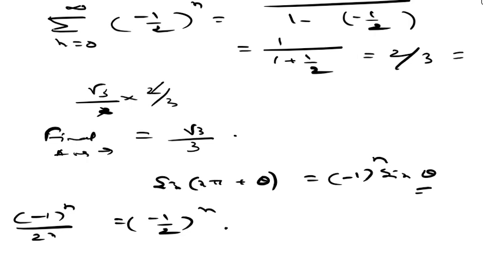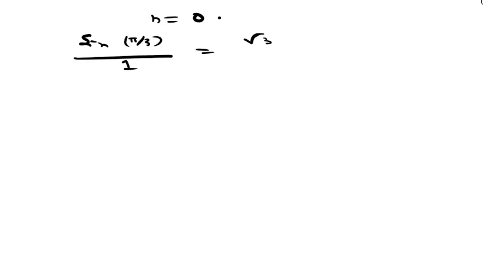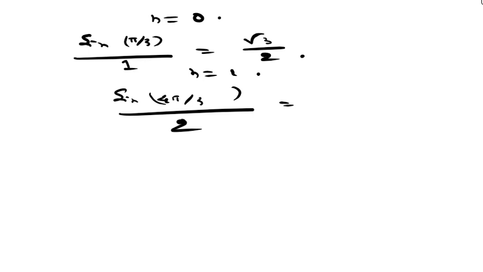Now what if you didn't recognize the pattern? Let's check the first few terms. Now for n equals 0, sine pi by 3 by 1 is equal to what? Root 3 by 2. Now for n equals 1, sine 4 pi by 3 by 2 is equal to what?